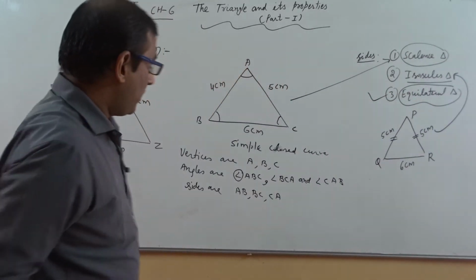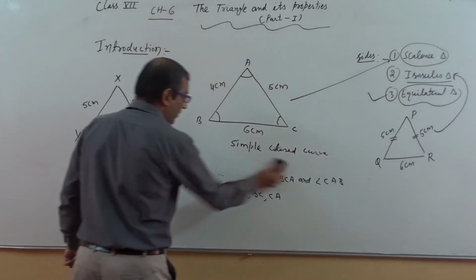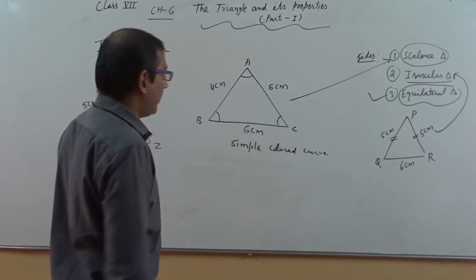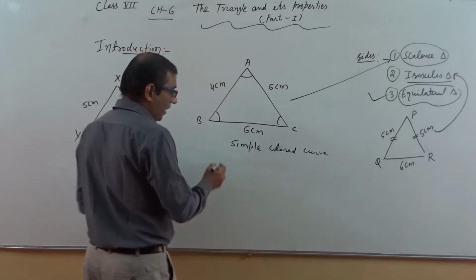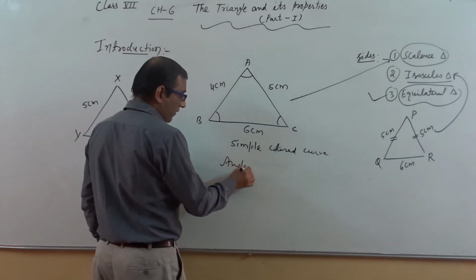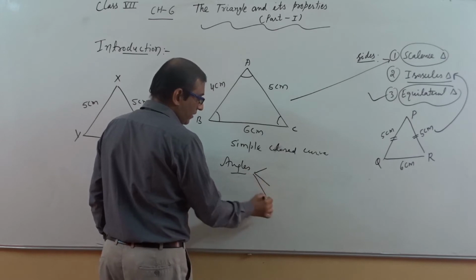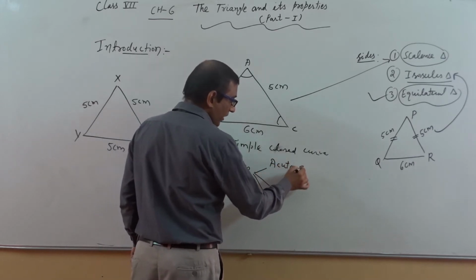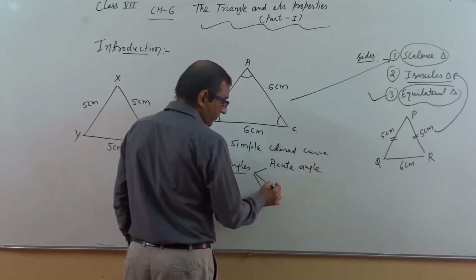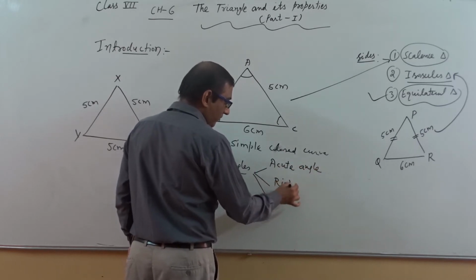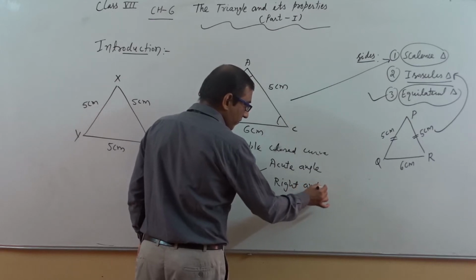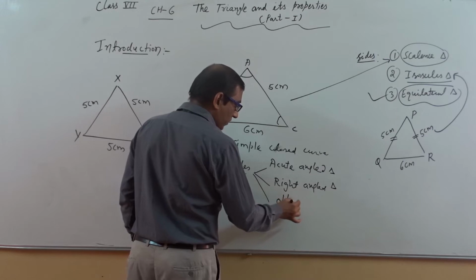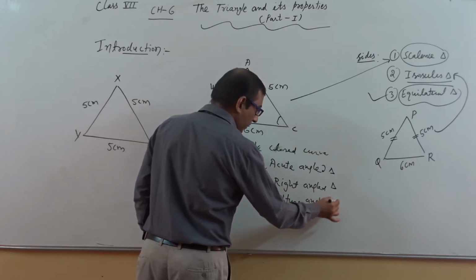If we continue with angles, or if we want to classify the triangle on behalf of angles, then we can say three types of triangles are there, that is acute angle, right angle triangle and obtuse angle triangle.